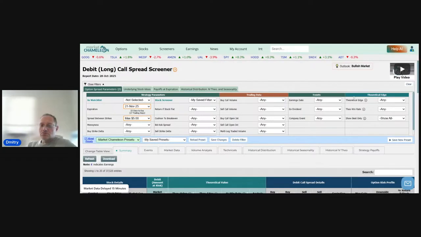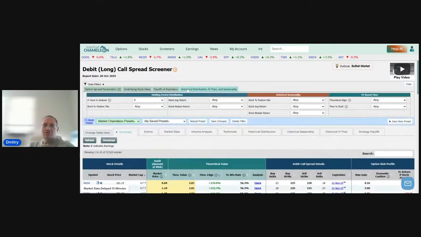And what we'll do is, well, first, if you're looking at it for the first time, you can see the screener here. Up top, we have different filters with tabs.